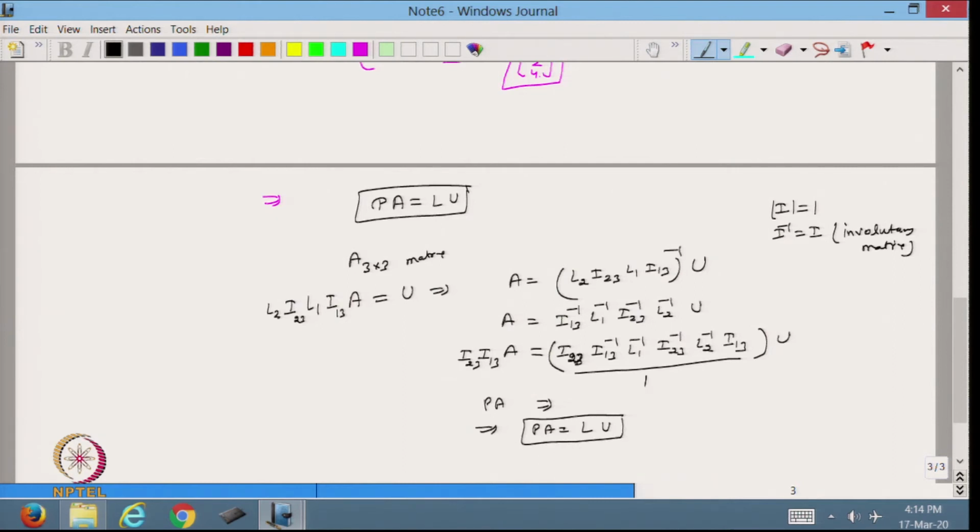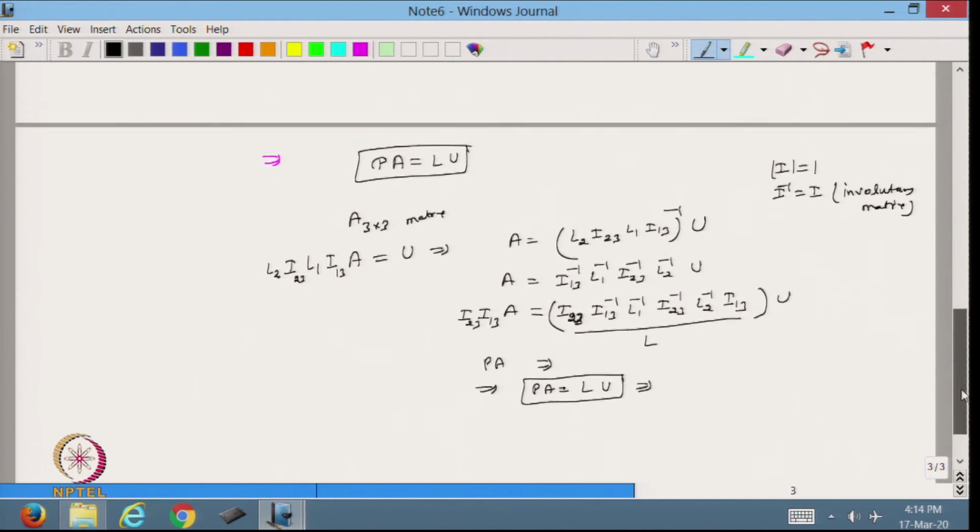So, that is my L and this is my U. This will give me the lower triangular matrix and this will give me the upper triangular matrix, and my PA will be this one. So, that is the matrix with the permutation of the rows.